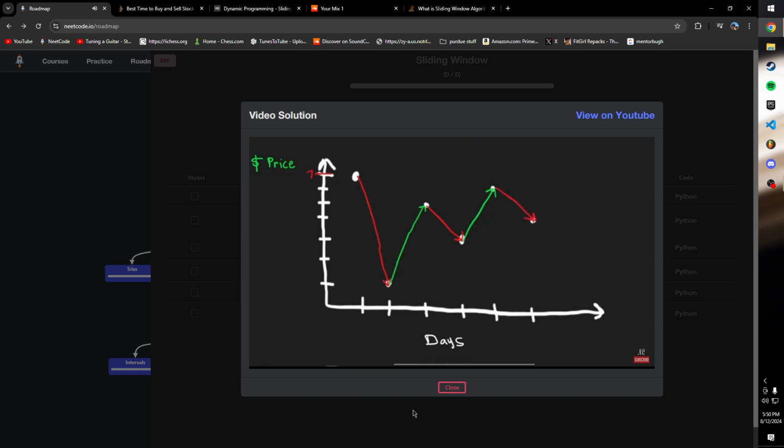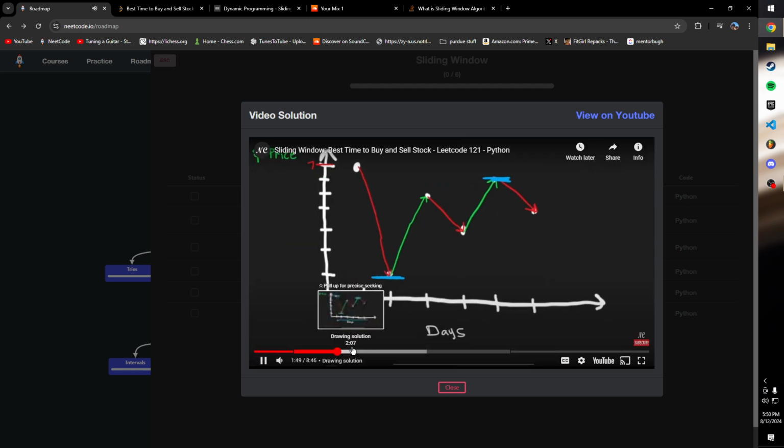Looking at the picture, it's pretty clear that the max profit we can get is simply by taking the minimum here and the max here. If we look at the actual values, this is 1, this is 6. So the profit is going to be 6 minus 1, which is 5.